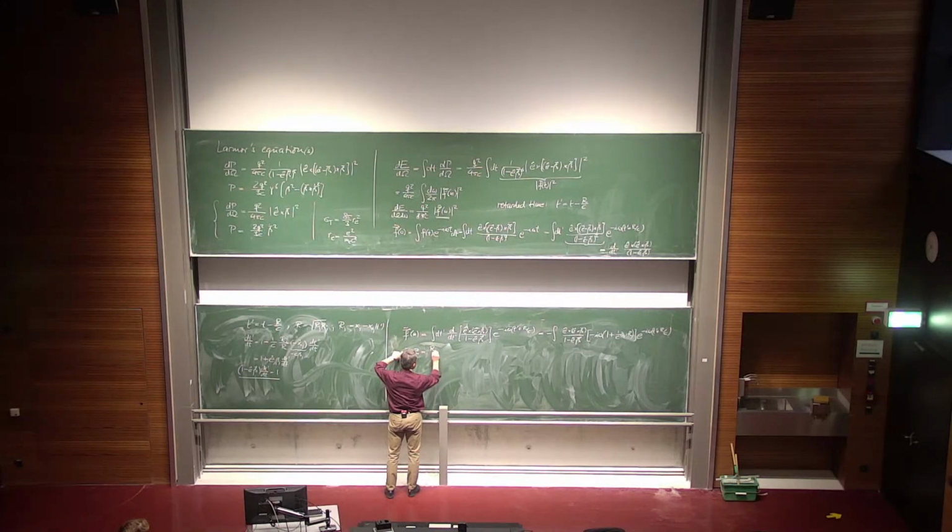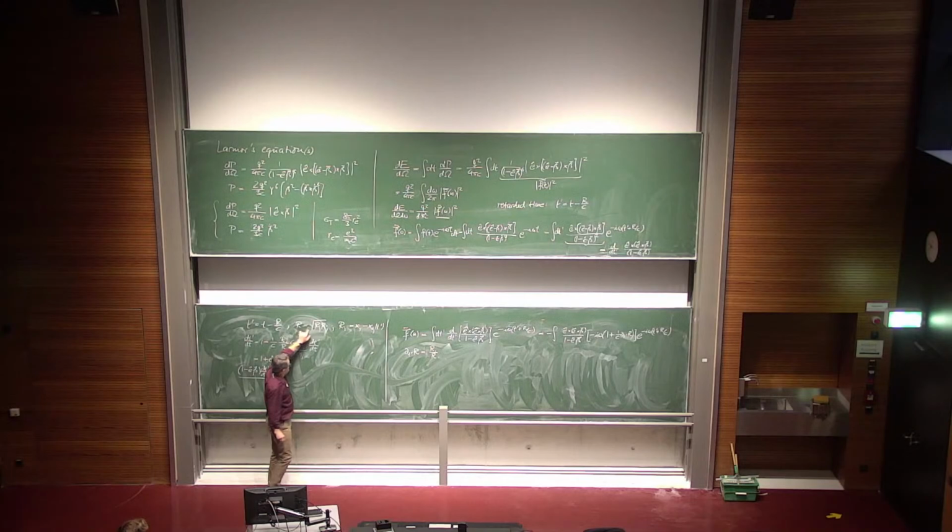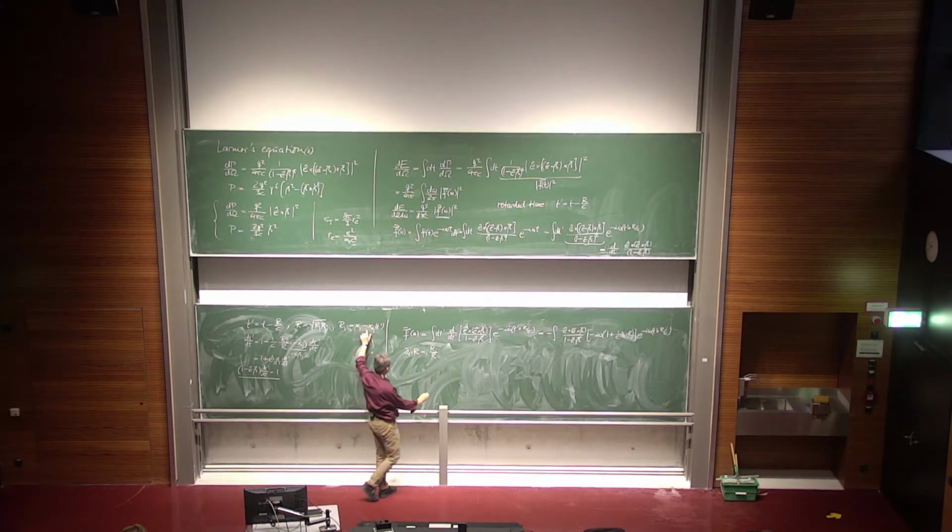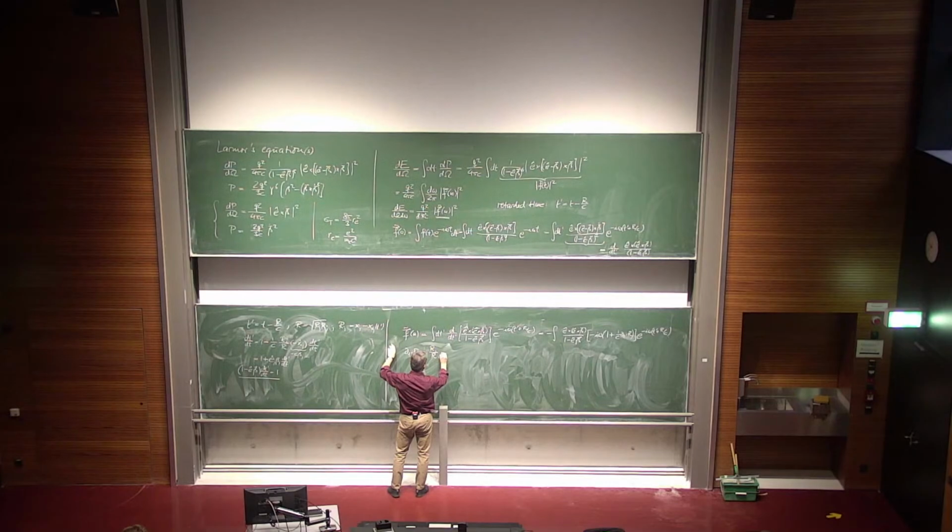As before, this is r_j over R from the derivative of R with respect to r_j. Then I have the time derivative of r_j. This is minus x_0j dot.